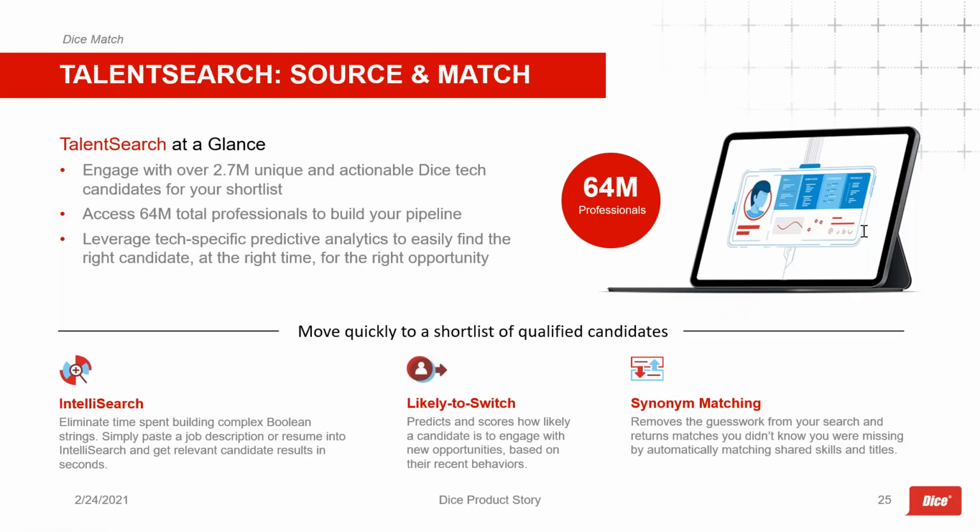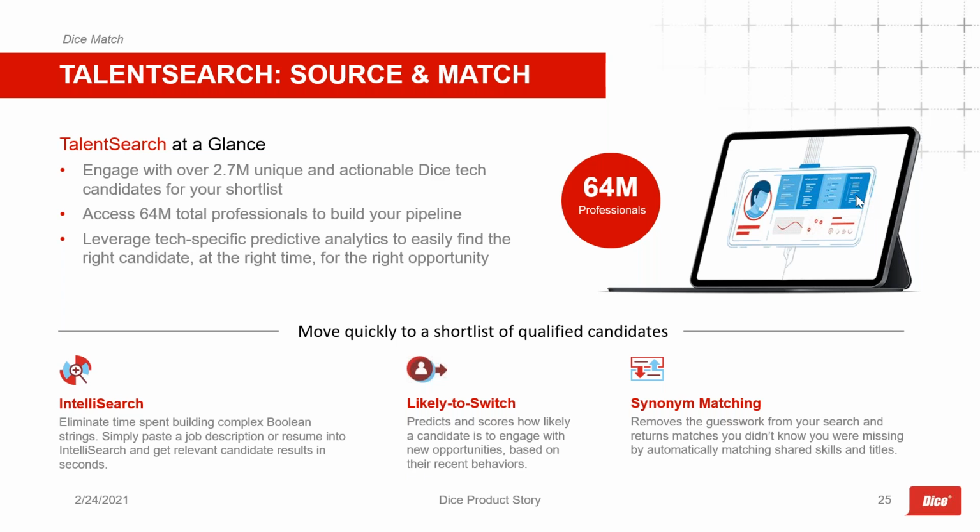Yep, thanks, Danny. So we're going to talk a little bit about what this means if you're working with DICE. The quality of our database really runs through all of the solutions that we offer our clients. But the two that you're probably most familiar with are sourcing for tech talent and posting jobs to attract tech talent. So our sourcing platform is called TALENTSEARCH. Many of you may know that already.